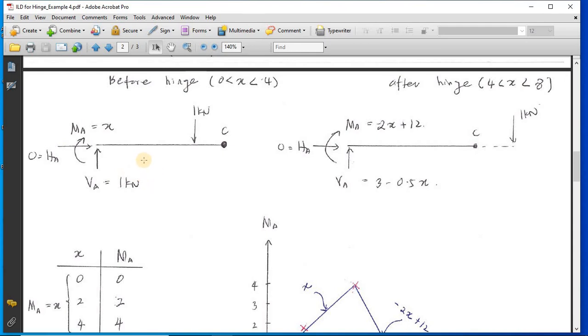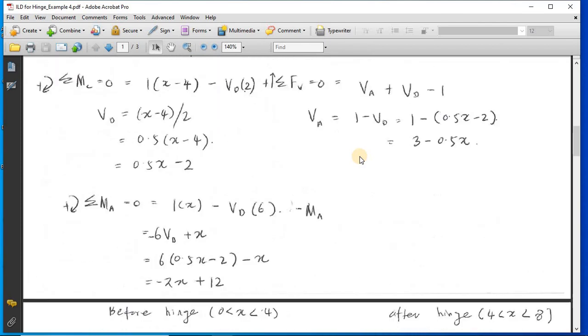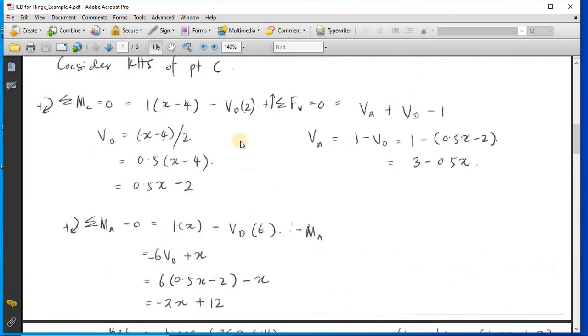This is the diagram for the first set of reaction values. In this range, the reaction value is based on the second set of the step that we have seen in this solution.